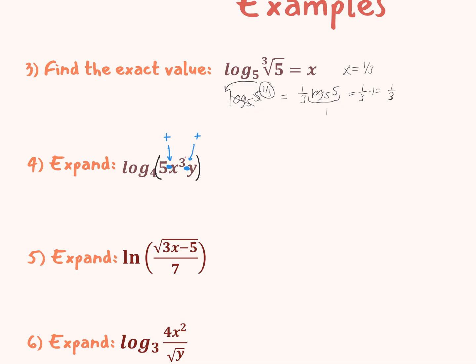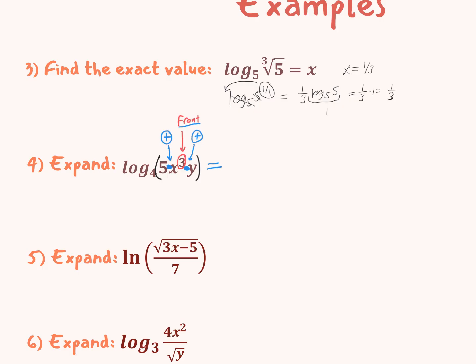All right? Another thing that I see is an exponent, and I know that the exponents are going to move to the front of that log. All right? I don't see any other multiplication, division, or exponents in this problem, so that means I know in my final answer, I definitely need 2 pluses and a number in front. All right? When I'm expanding, I like to do the multiplication division first from left to right.